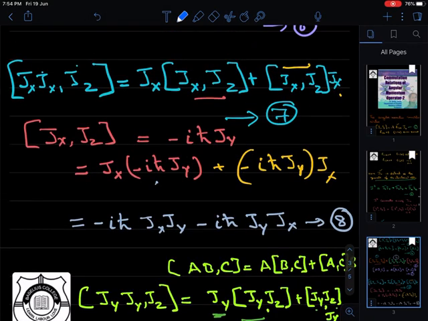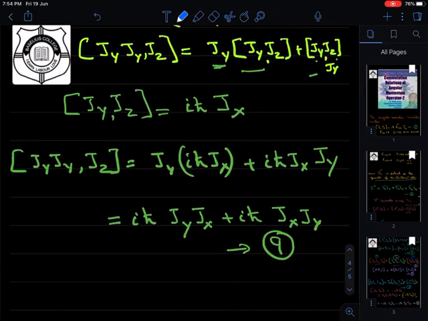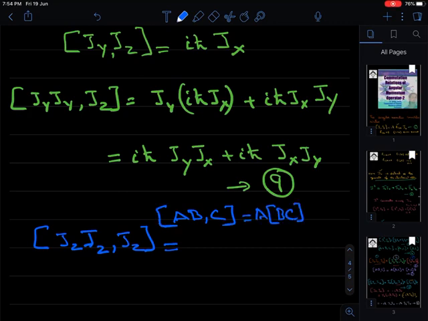Next we have to simplify this one, the third one, [jz, jz]. So again you employ [AB, C], reminding you, is equal to A[B, C] plus [A, C]B.